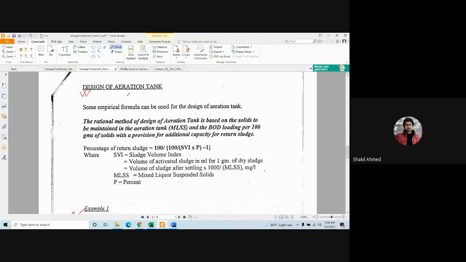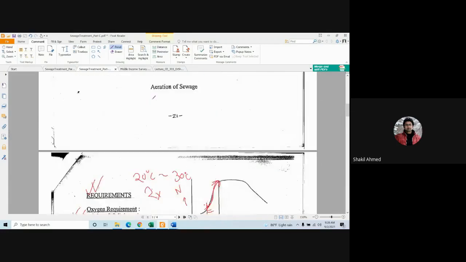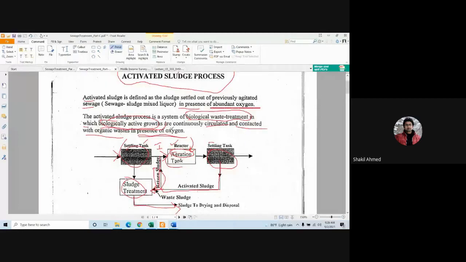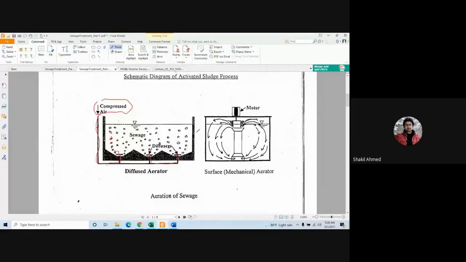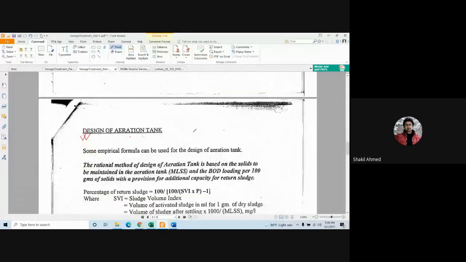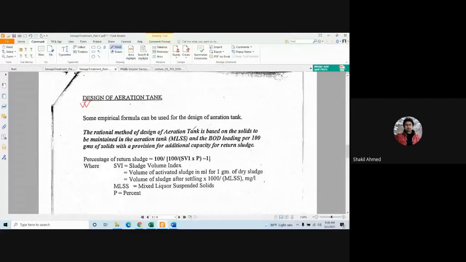Design of aeration tank. That means they are talking about this aeration tank. There are lots of formulas available for the design of aeration tank.